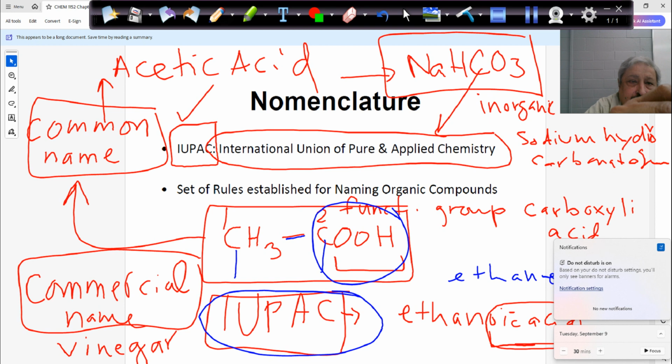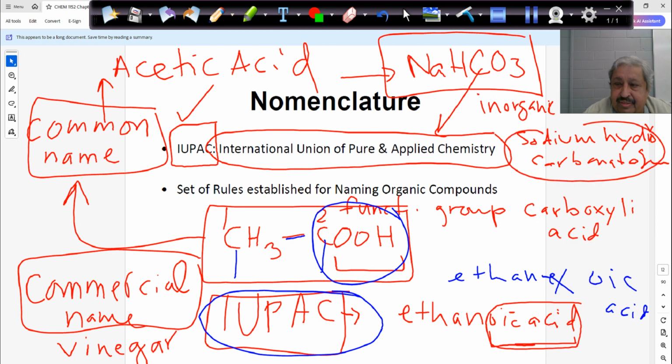So this is the real name according to IUPAC. But do we have a common name for this and a commercial name? What's the common name? Somebody will tell me? I'll come back to your question. Just hold on. What's the commercial name of this? Sodium.